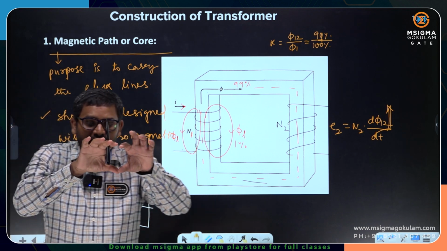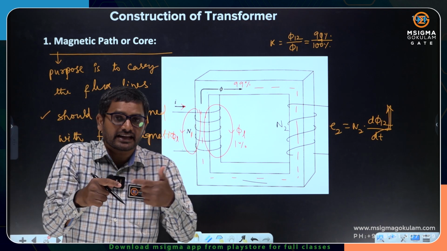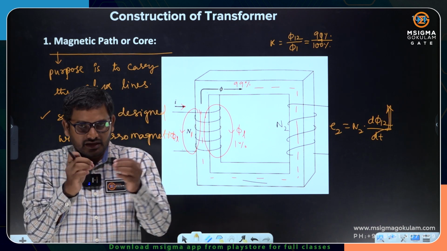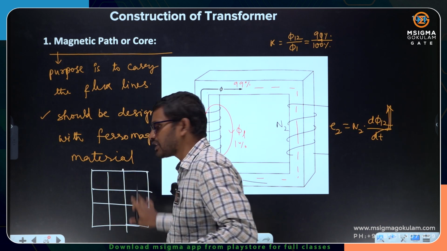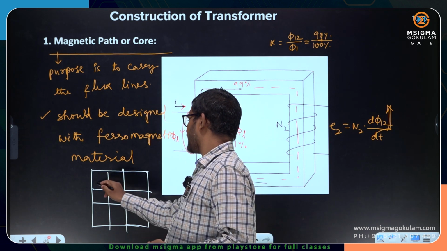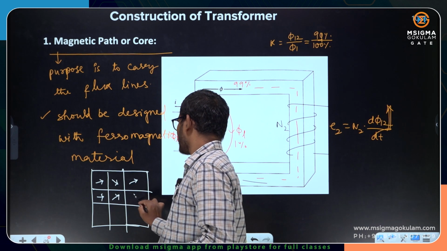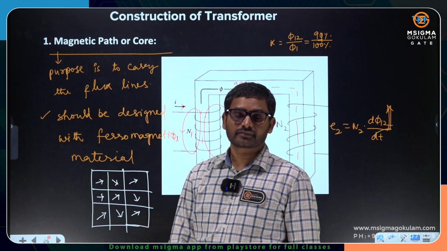Just like in a conductor the electrons randomly move here and there because of room temperature, in the same way in ferromagnetic materials the magnetic poles, the dipoles, are established like this.